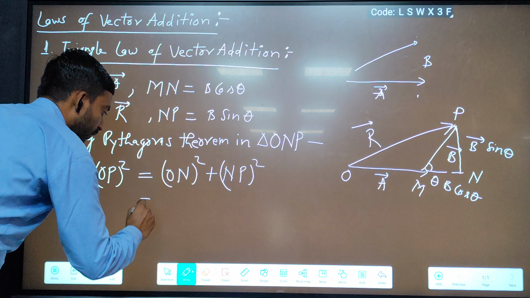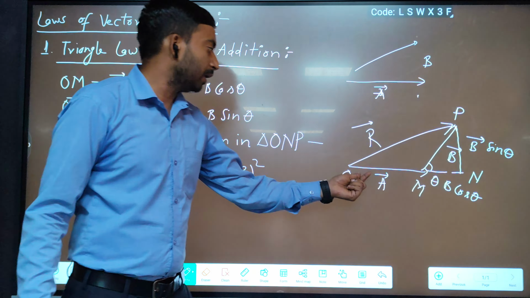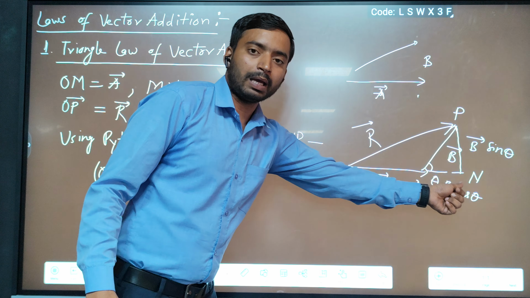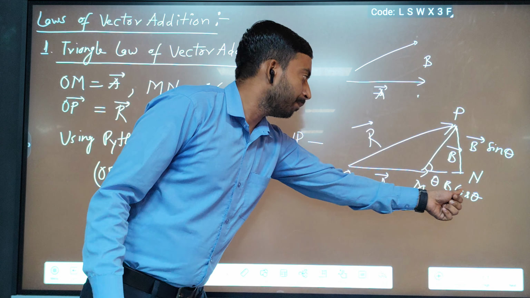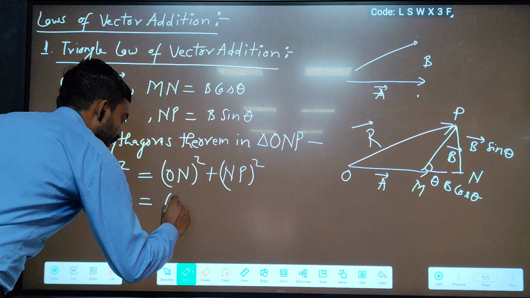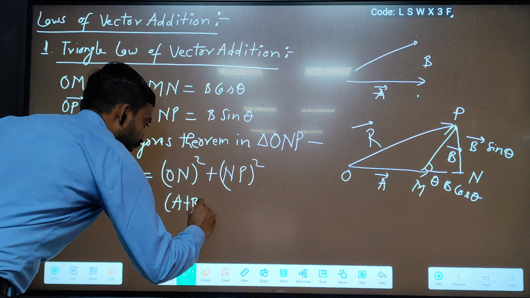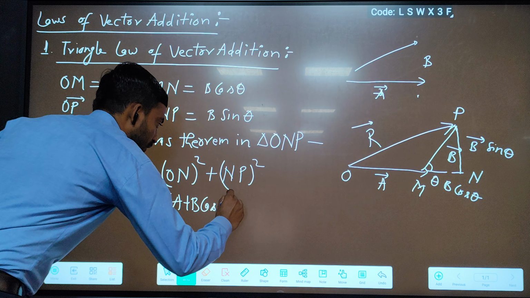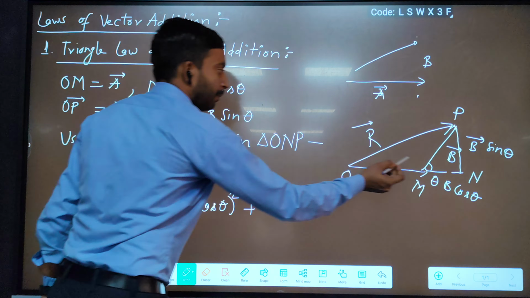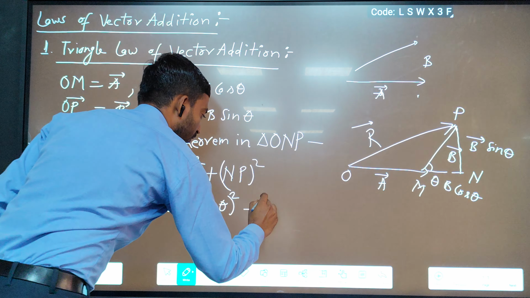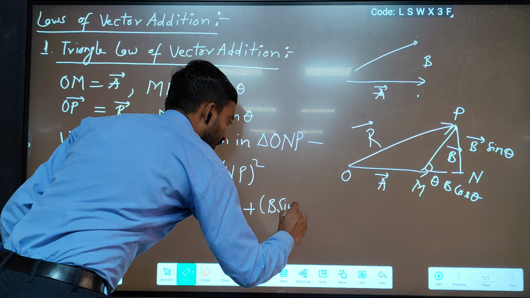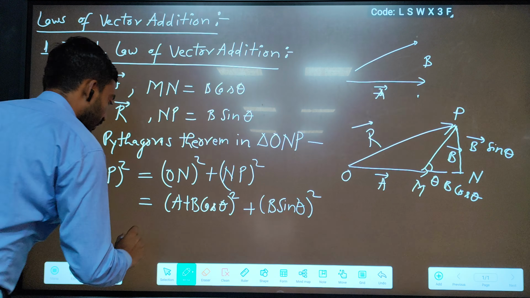Now putting the values here, you can see OM will be OM plus MN, so A plus B cos theta. OM will be (A plus B cos theta) whole square, plus NP, NP will be B sin theta, so (B sin theta) whole square.